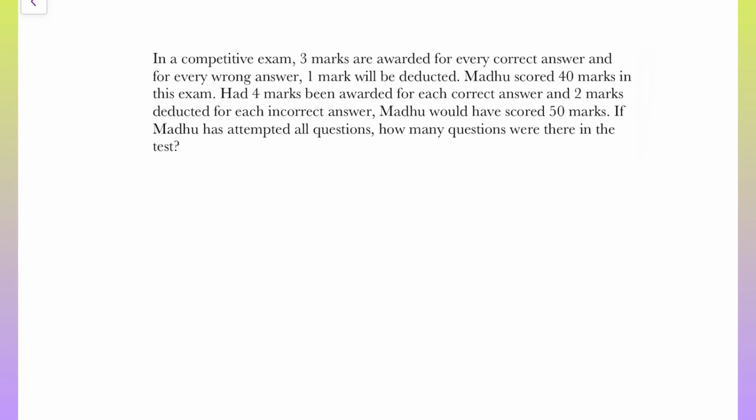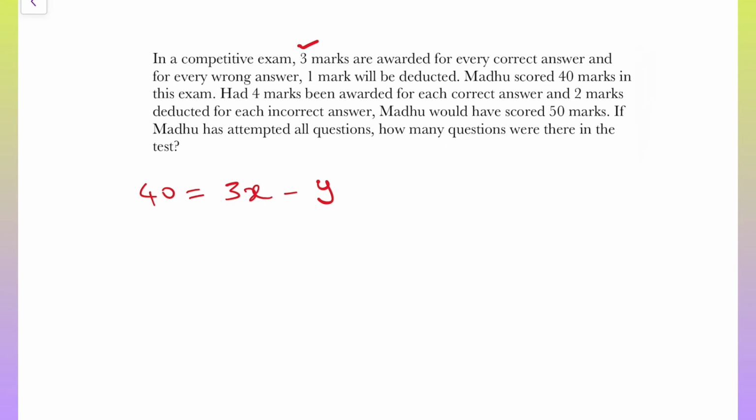His total marks minus the marks which were reduced, correct? So Madhu got 40 marks, right? So 40 marks equals how many he got? 3 marks for every correct answer, so 3x, and deducted, so minus y. So the first equation is 3x minus y equals 40.